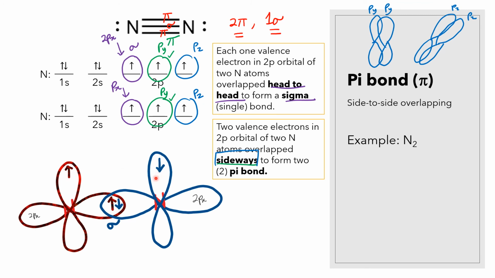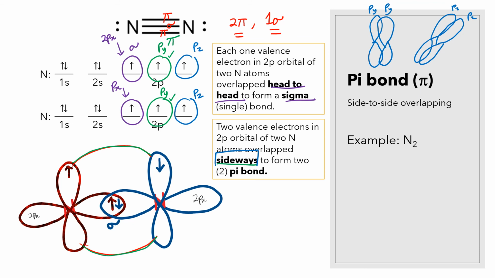Okay, so now how to show these two electrons in these two orbitals overlap secara sideways? Okay, memandangkan mereka jauh di antara satu sama lain, maka kita tak boleh buat this kind of overlapping. Okay, sideways overlapping seperti ini. Maka kita perlu buat satu garisan untuk nak menghubungkan di antara dua orbitals yang overlap secara sideways ini.